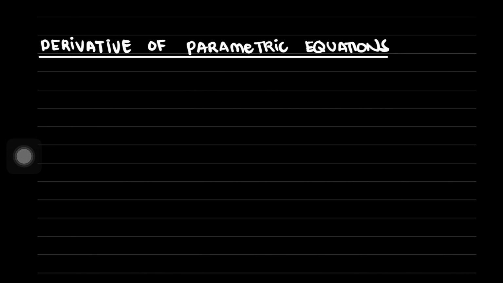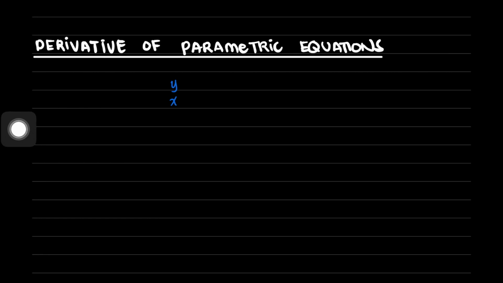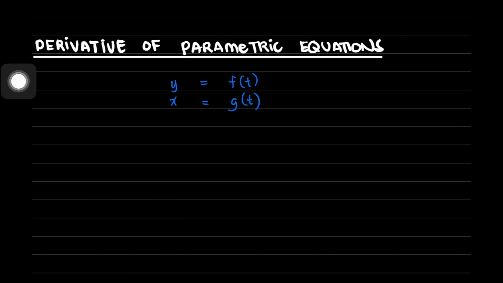When we are given two variables, say y and x, and these two variables are expressed in the same variable, say that y is a function of t and x is another function of t, so we're just going to call it g of t, then this pair of equations is said to be a parametric equation, where t, the variable t in here, is what we call the parameter.